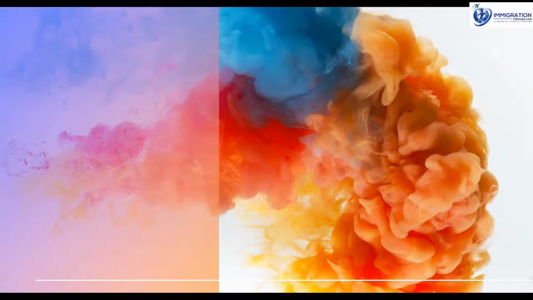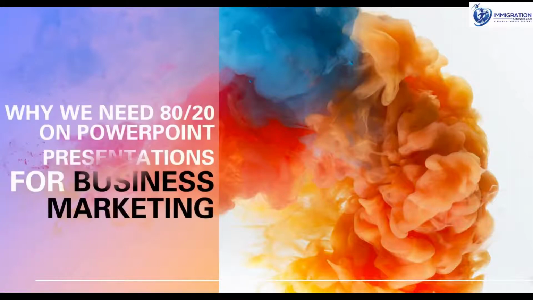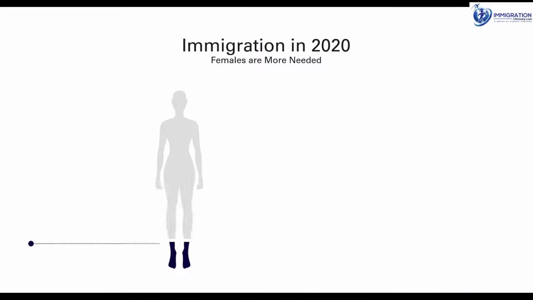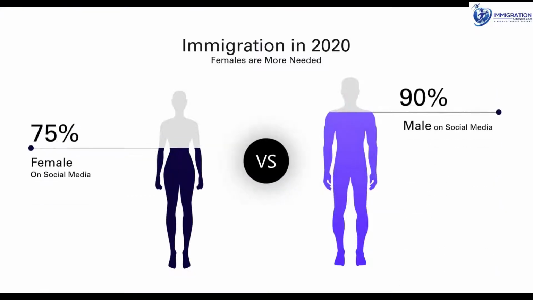Hello friends, in this video we will see why we actually need the 80-20 rule in PowerPoint presentations for business marketing. Immigration, as in 2020, females are more needed, but the problem is that males are 90% focused on social media and 75% of females are on social media.